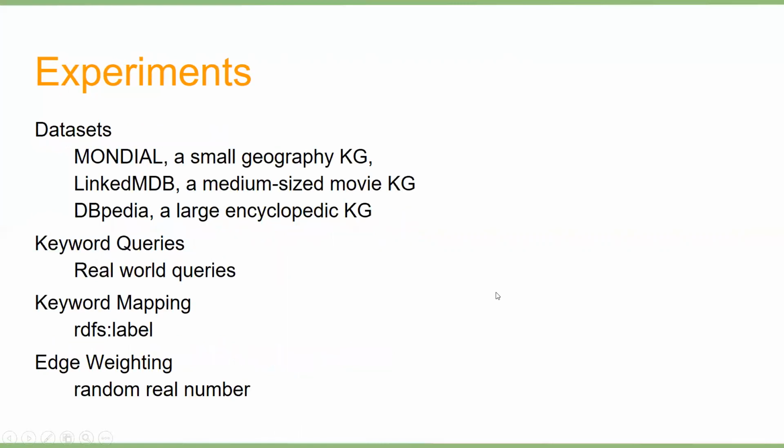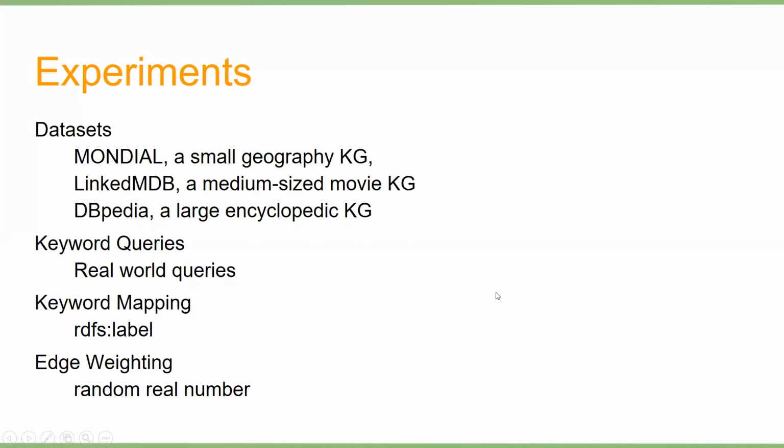Now look at our experiment. We have three data sets. Mondial is a small geography knowledge graph. LinkedMDB is a medium-sized movie knowledge graph. And DBpedia. For keyword queries, we collect some real-world queries.